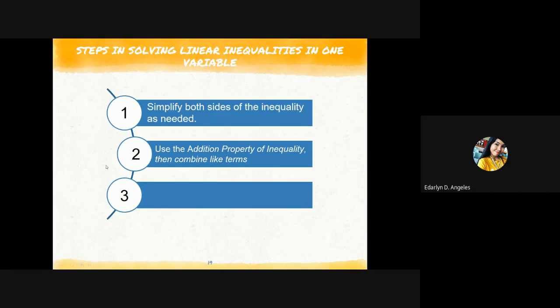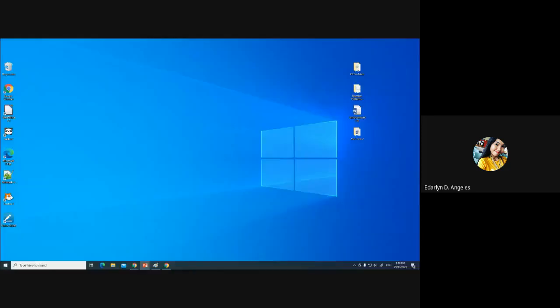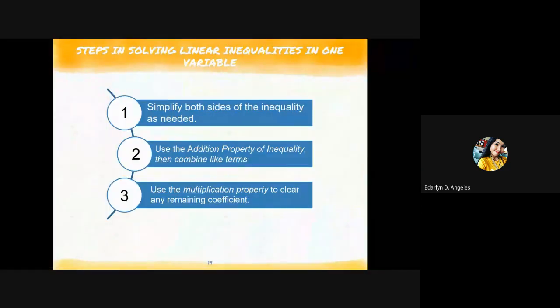And for the last, use the multiplication property of inequality to clear any remaining coefficients. If you multiply or divide both sides by a negative number, reverse the direction of the inequality symbol. Okay? So let's try some examples on how we solve linear inequalities in one variable.